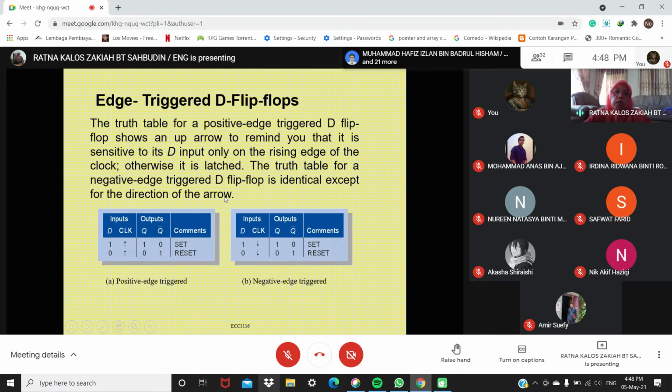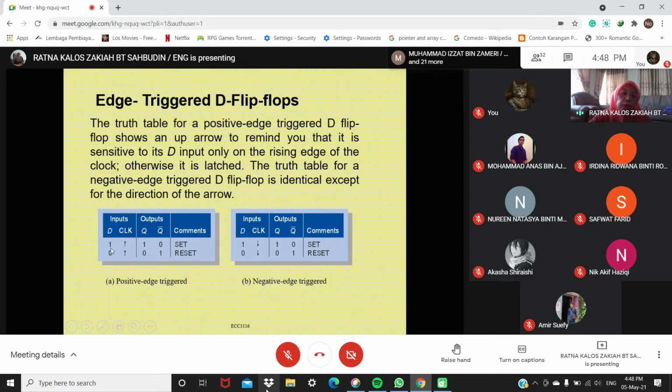The truth table for a negative edge triggered D flip-flop is identical except for the direction of the arrow, which points down. Here pointing up is positive edge triggered.